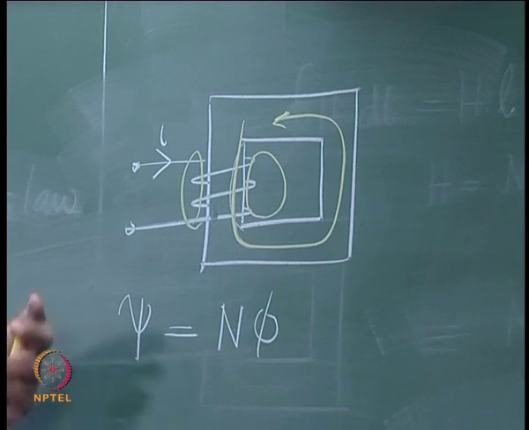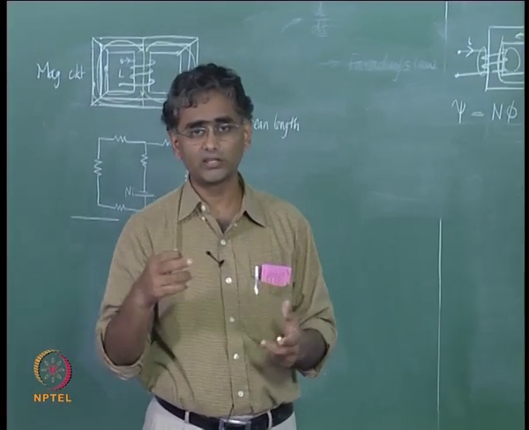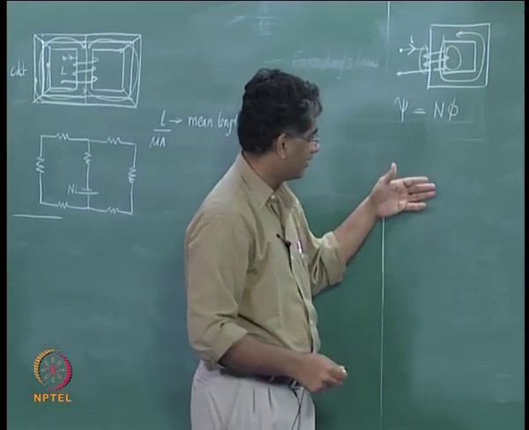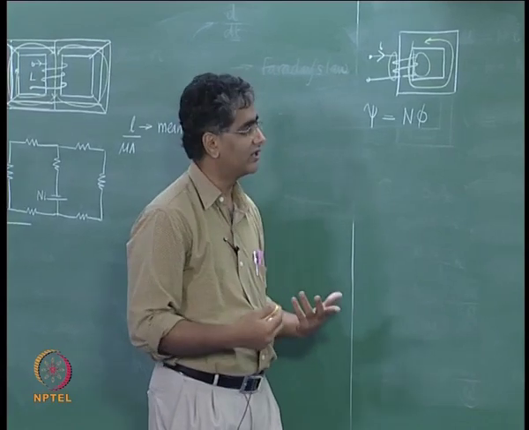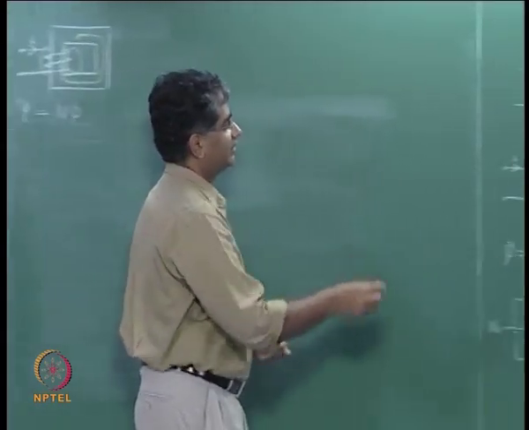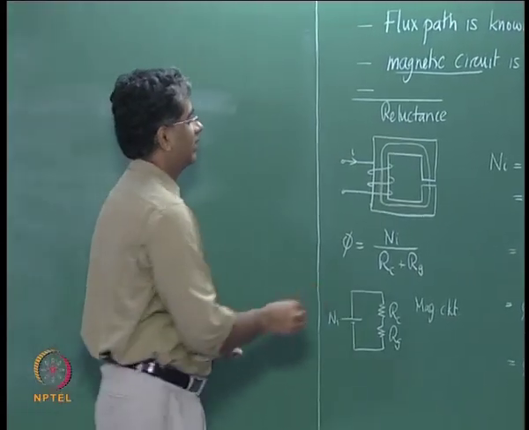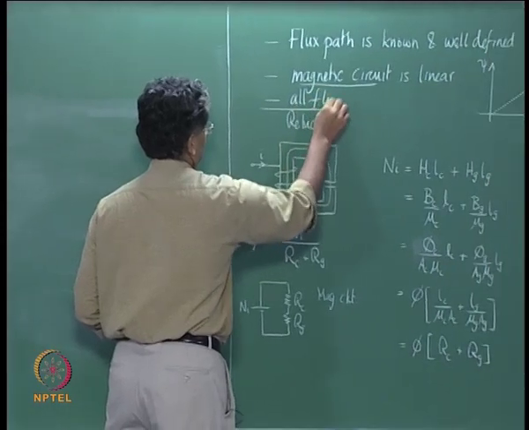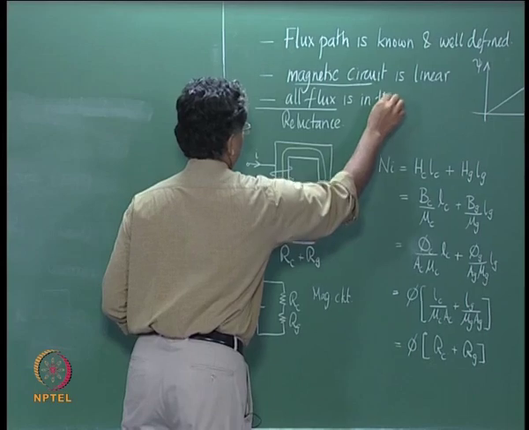In the expression that we wrote earlier, V equal to Ri plus P psi, and then when we derived the expression for psi as phi equals BAC and all that, we had implicitly made another assumption, apart from these two, that all flux is in the core.